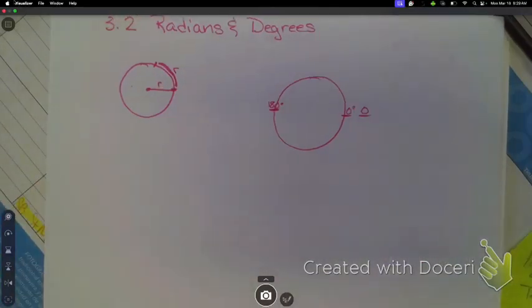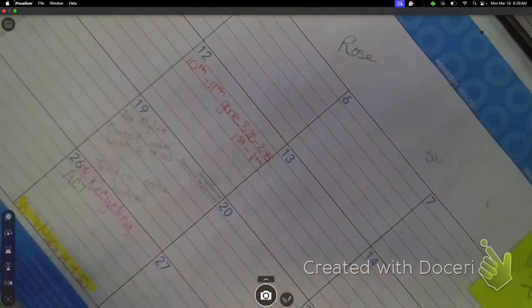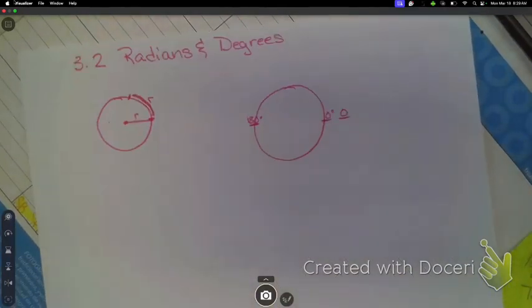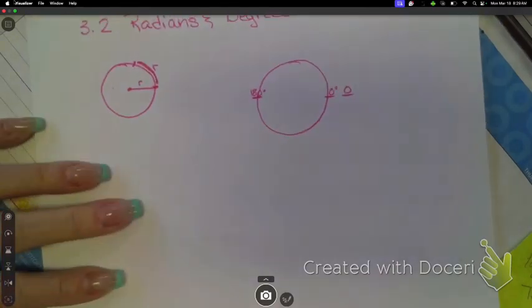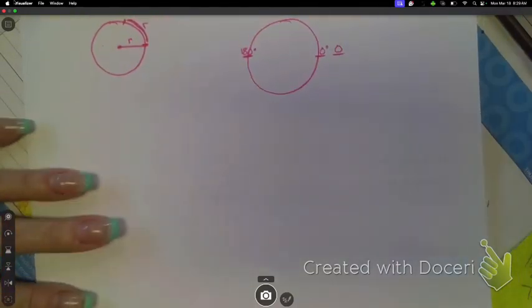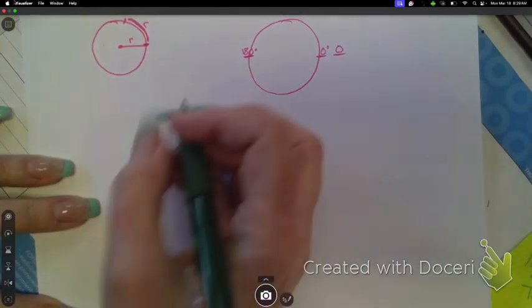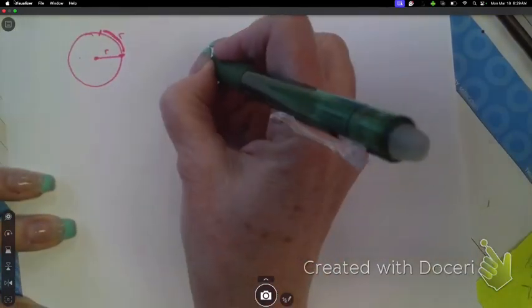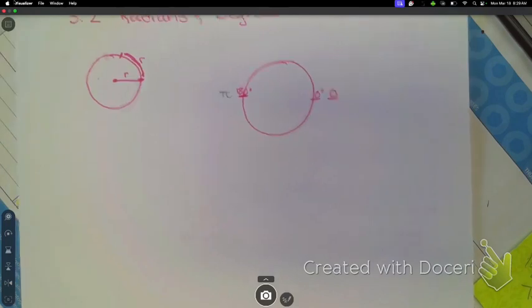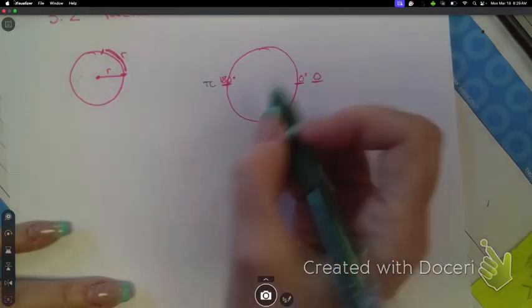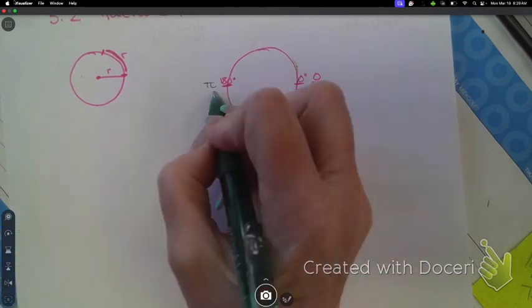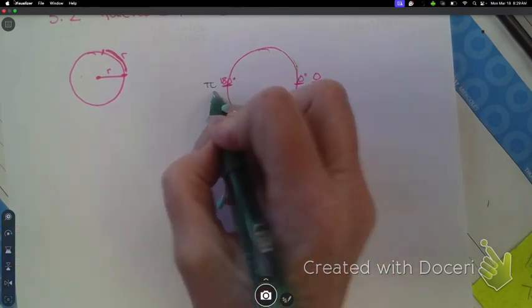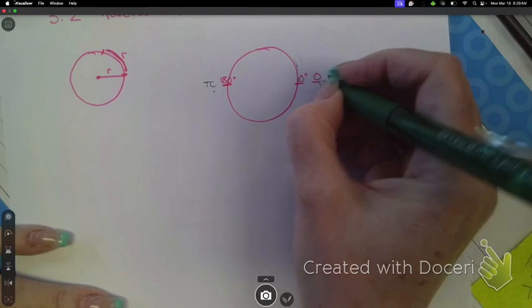Okay, so we know what a radian is. Conversion. Let's talk about the conversion. Half of our circle is pi. A whole rotation is 2 pi.